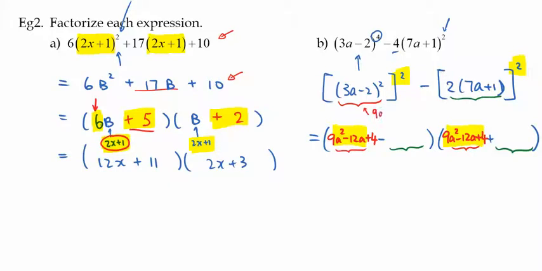As I expand 3a minus 2 times 3a minus 2, you can do it by FOIL. Or if you remember your special quadratics, you can expand your special quadratics into a trinomial in one single step. So that's what we will get. 9a squared minus 12a plus 4.